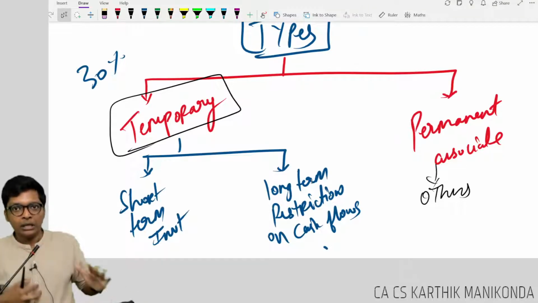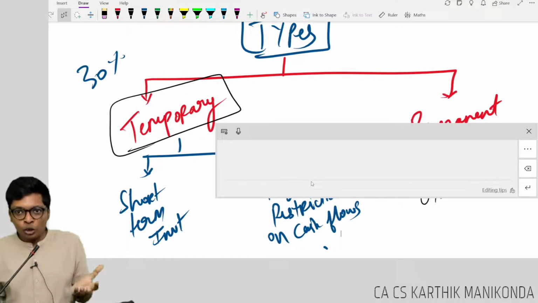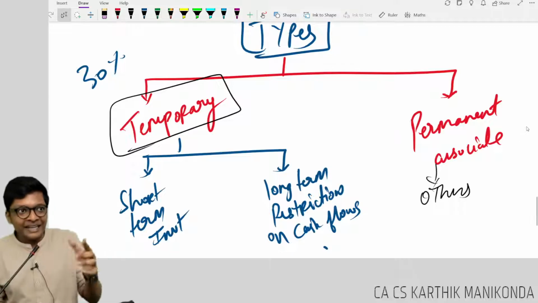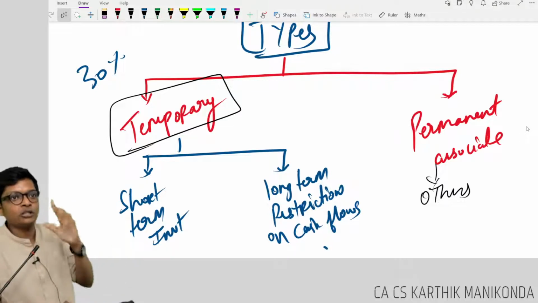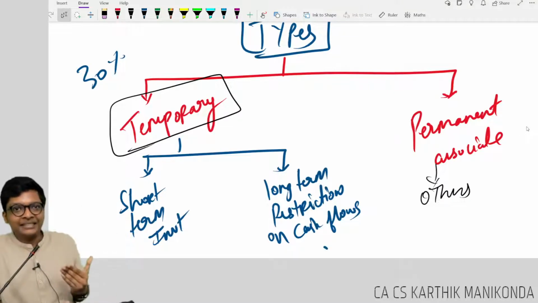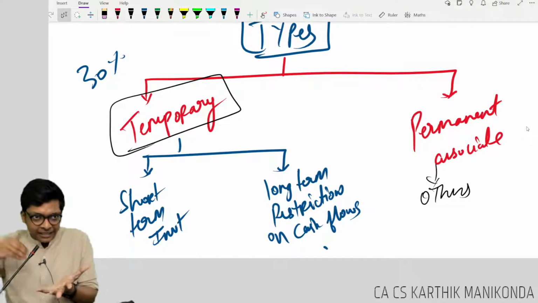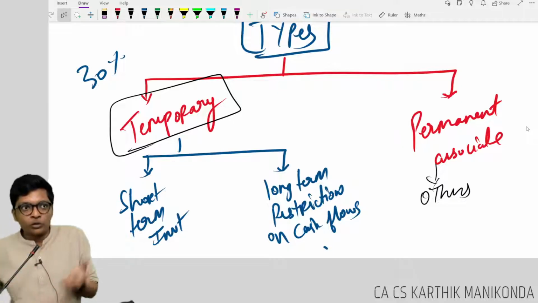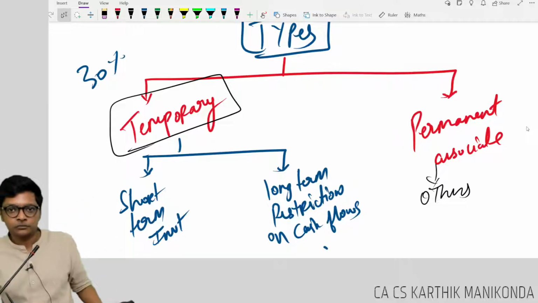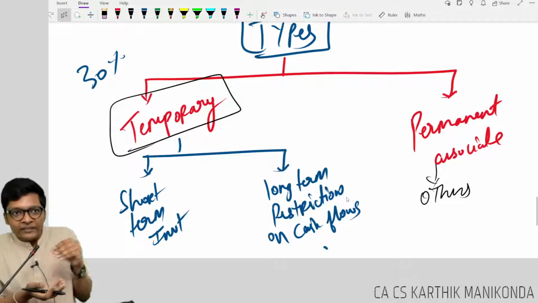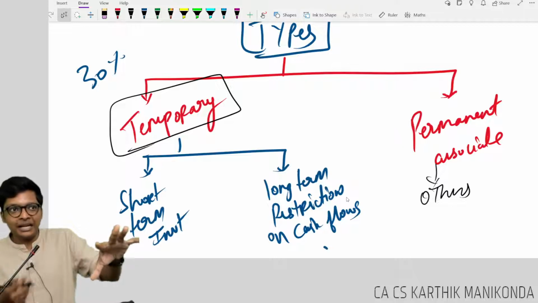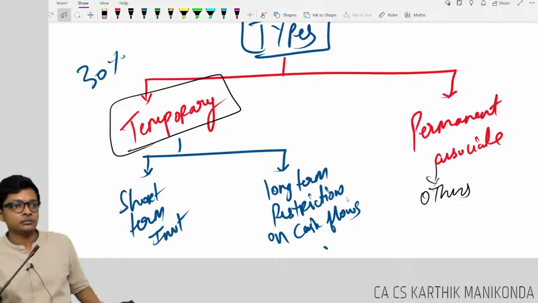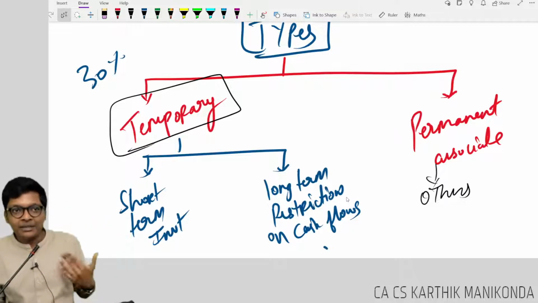Now the Chinese government is saying you can only invest in China, you can't take the money out. Possibility is there, guys. Some countries say you can invest in my country, but you can't take the money out. Foreign exchange regulations. Long-term restrictions on cash flows. Sometimes after investing, some war came. So even though it's my associate, I am not able to take my money back. Are you following, guys? Some countries have it.